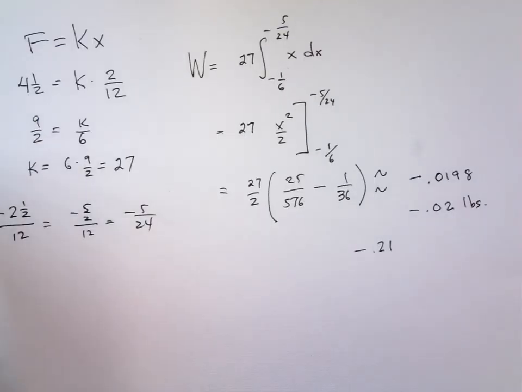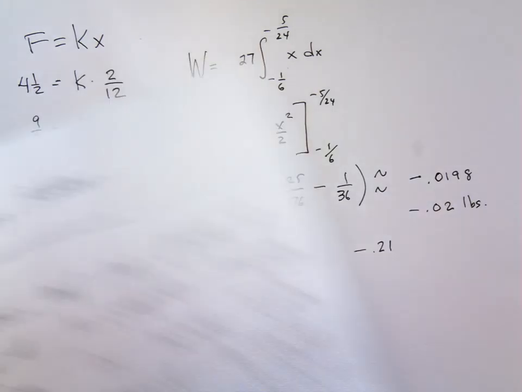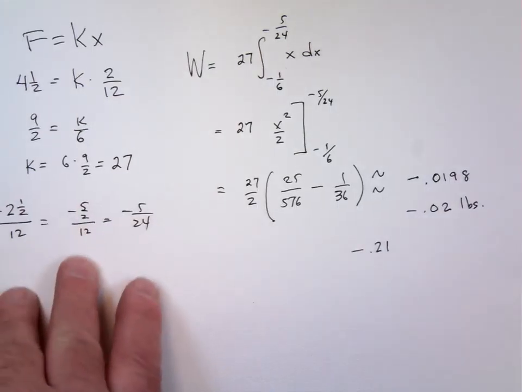What did it say? 1.2. See, that's what it did with yours too, and I maintain that they're wrong. You could try a positive 0.21. Maybe we want positive work even though it's going in that direction. It should be negative compressing it.